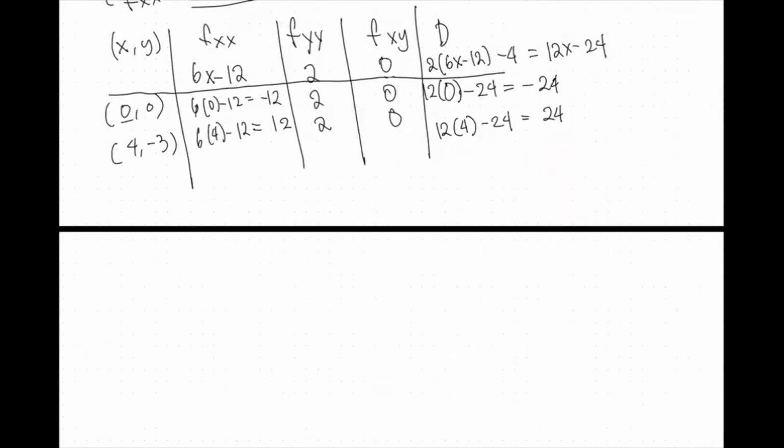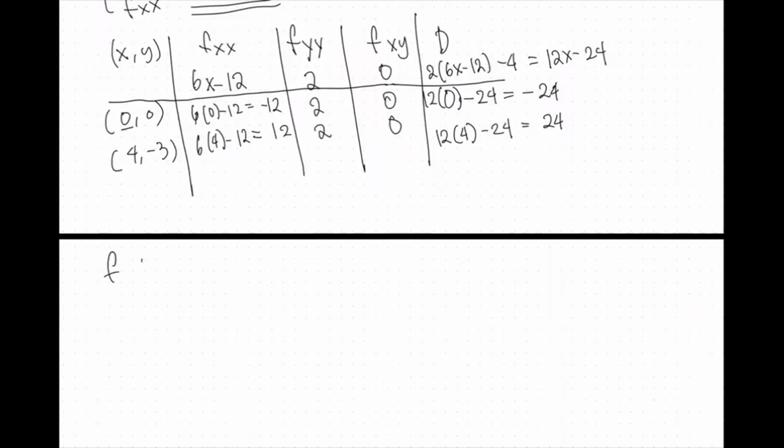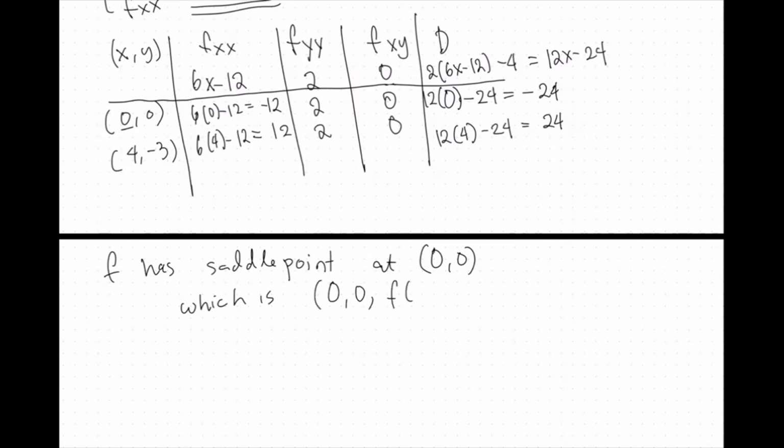So the conclusion is f has a saddle point at 0, 0, and the saddle point is given by 0, 0 and then f of 0, 0.